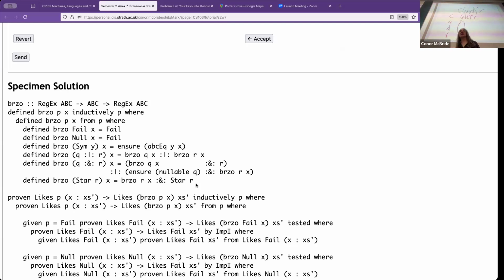Well, so if the original regular expression is fail, we're dead already, we stay dead, right? You know, the game was up some time ago. If the regular expression wants the empty input and we're feeding it an X, we're stuffed.